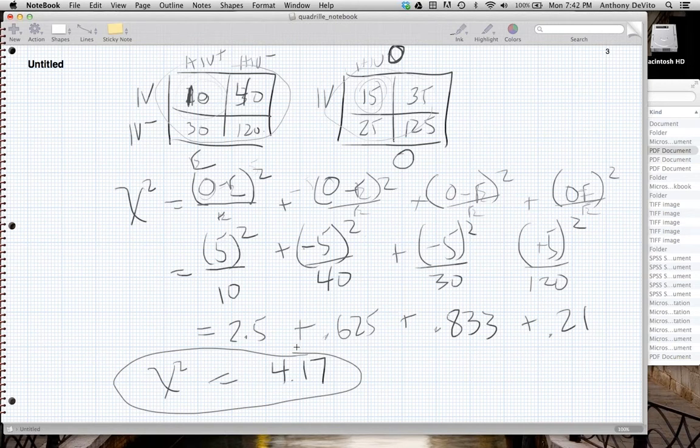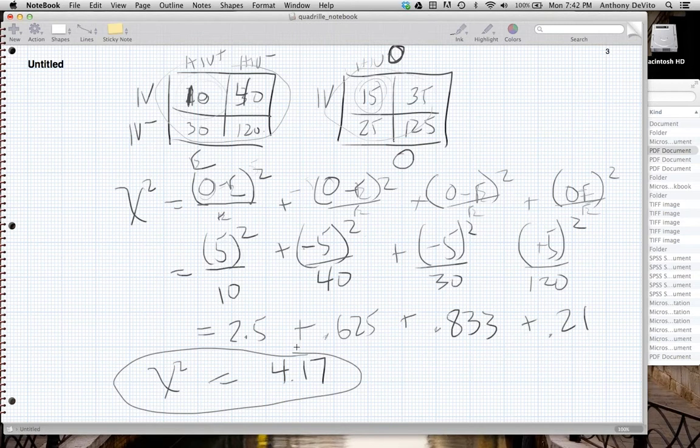The bigger that number is, the bigger the difference between the expected values and the observed values, and the more likely it is that the observed population and my expected population are not the same. I can say that there's a difference between IV drug use and HIV status, that they are associated in some way.